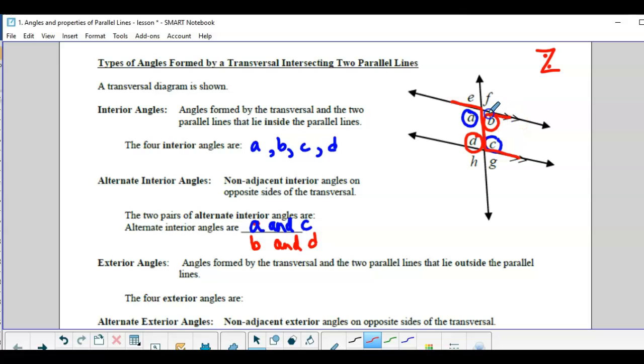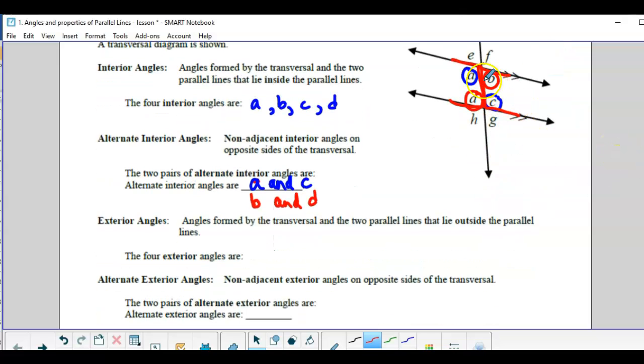Then a backwards Z here would be B and D. And if you extended that, it would be this one and this one. Sometimes that helps you, but they are equal, and we're going to talk about that in a second. In any case, we're just labeling them right now.